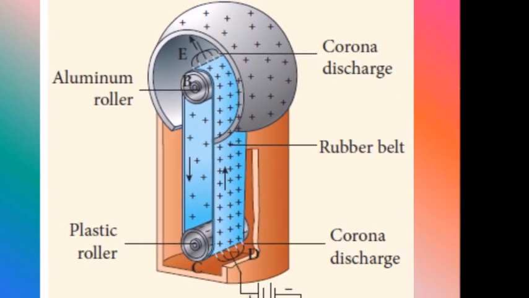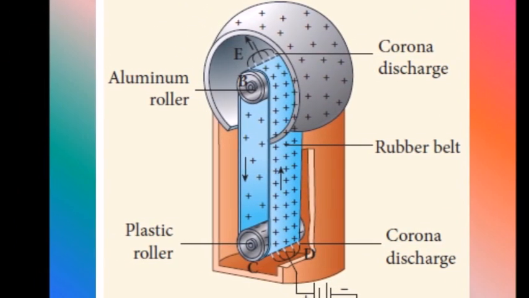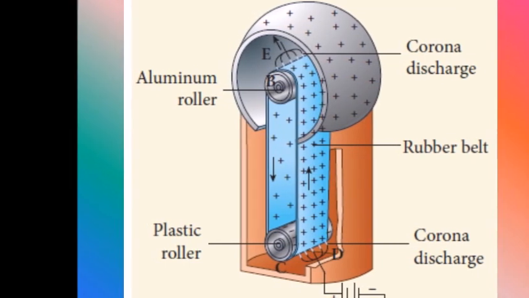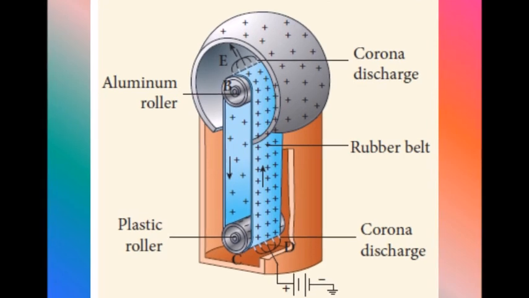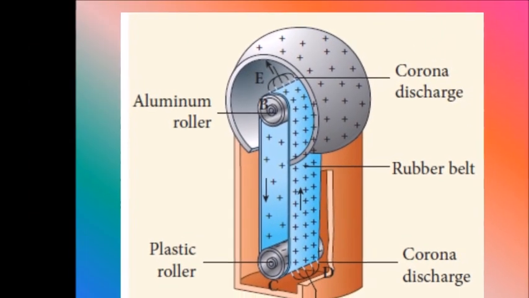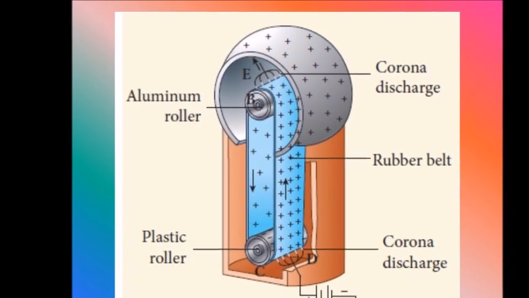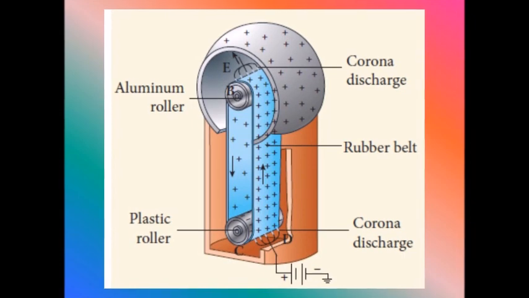At the same time, the negative charges nullify the positive charges in the belt due to corona discharge before it passes over the pulley. When the belt descends, it has almost no net charge. At the bottom, it again gains a large positive charge.